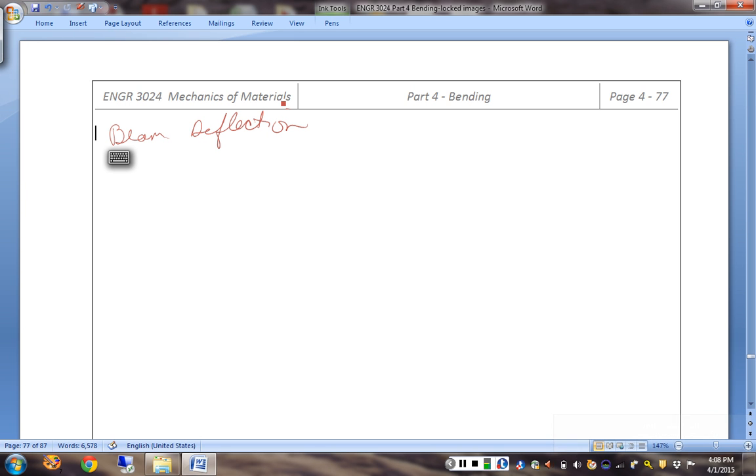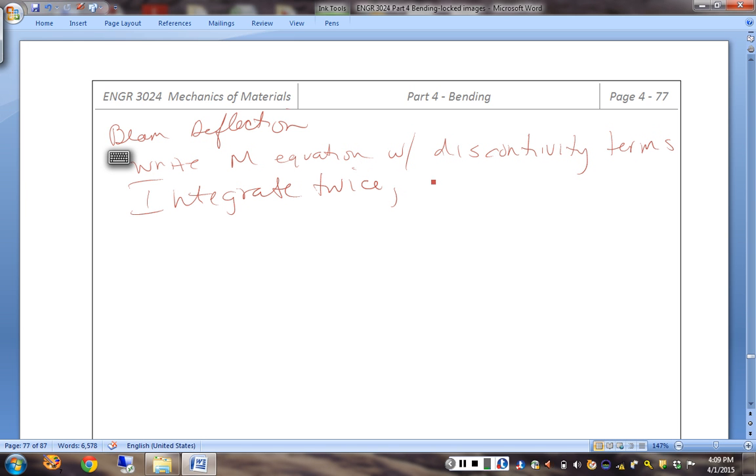It will never be wrong to write the moment equation with the secret decoder ring of discontinuity terms, integrate twice, get your constants of integration, and this works because the bending moment is equal to the bending stiffness times the second derivative of deflection. That's the fact that lets us do this.